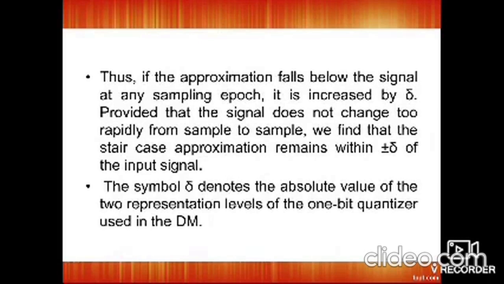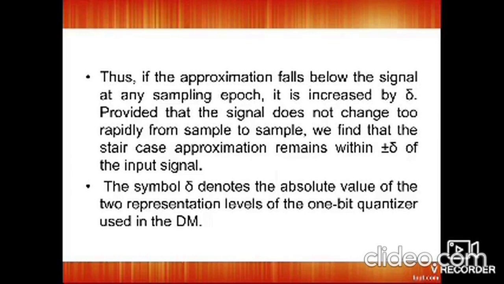Here the input signal and the delta modulator signal are compared, and after comparing these two signals there is some approximation. If the approximation falls below the signal at any sampling instant, it is increased by delta, and provided there is no rapid change in the signal, the sample remains the same.